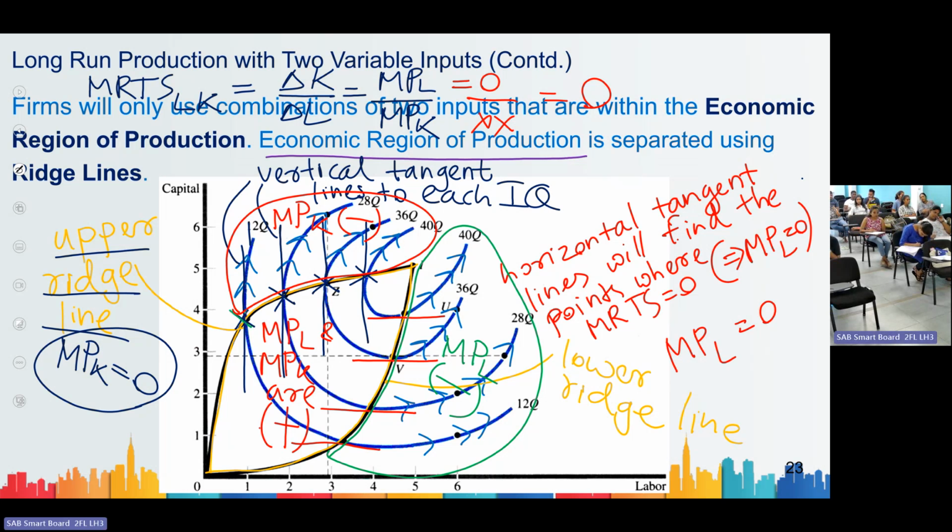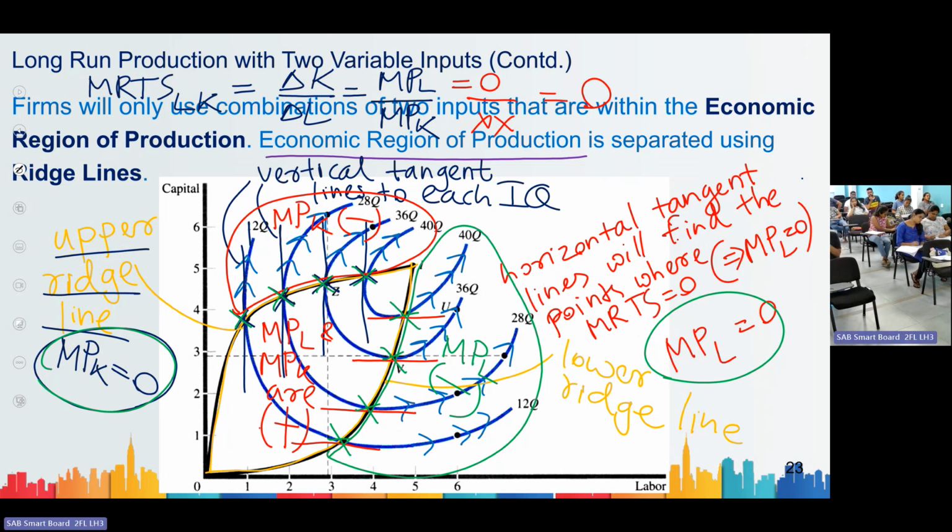At these points, marginal product of capital is 0. At these points, marginal product of labor is 0. Beyond the upper ridge line, marginal product of capital is negative. Beyond the lower ridge line, marginal product of labor is negative.